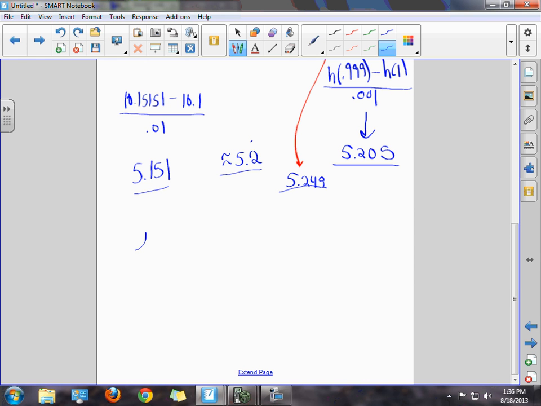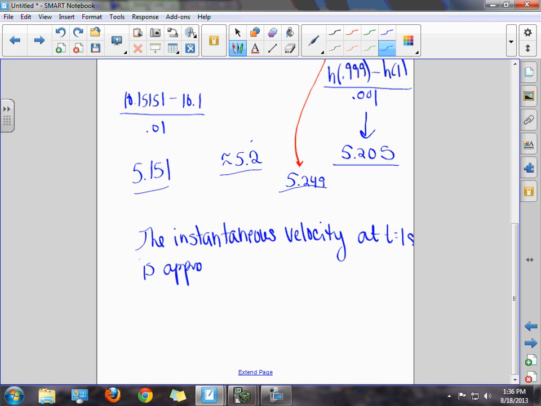So what we can say here is that the instantaneous velocity at t equals 1 second is approximately 5.2 meters per second.